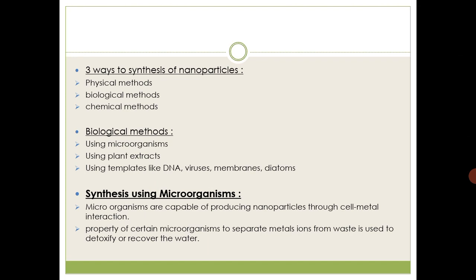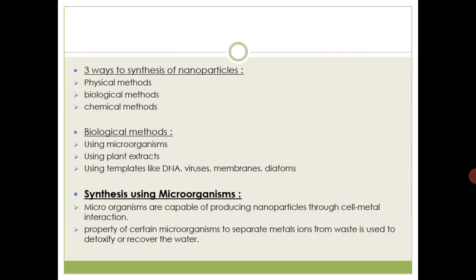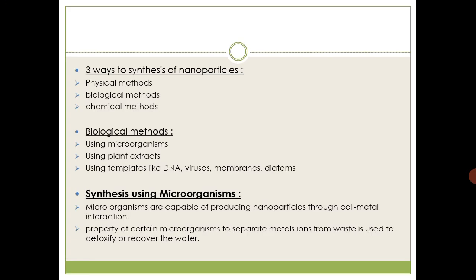This property, present in some microorganisms, is used to separate metal ions from wastewater. These metal ions can be toxic to the environment and to wildlife, animals and human beings. So we can use these microorganisms to separate the metal ions from the wastewater, to detoxify this water or to recover the water quality.